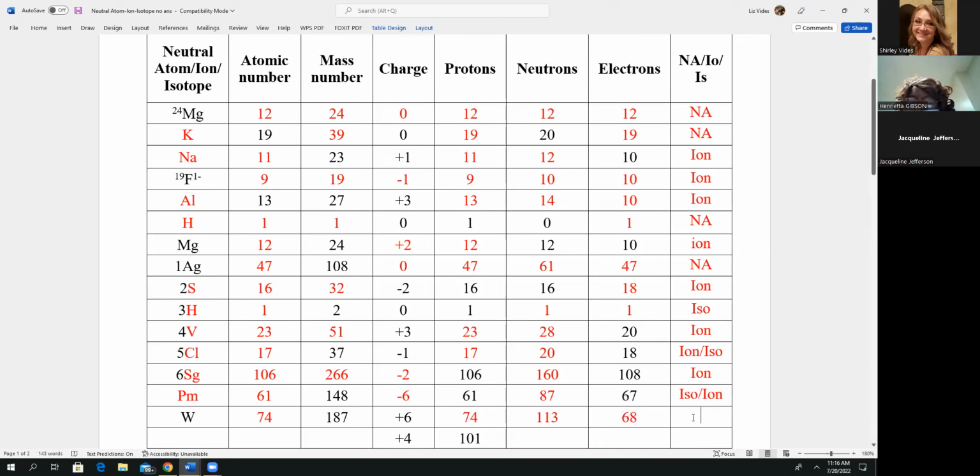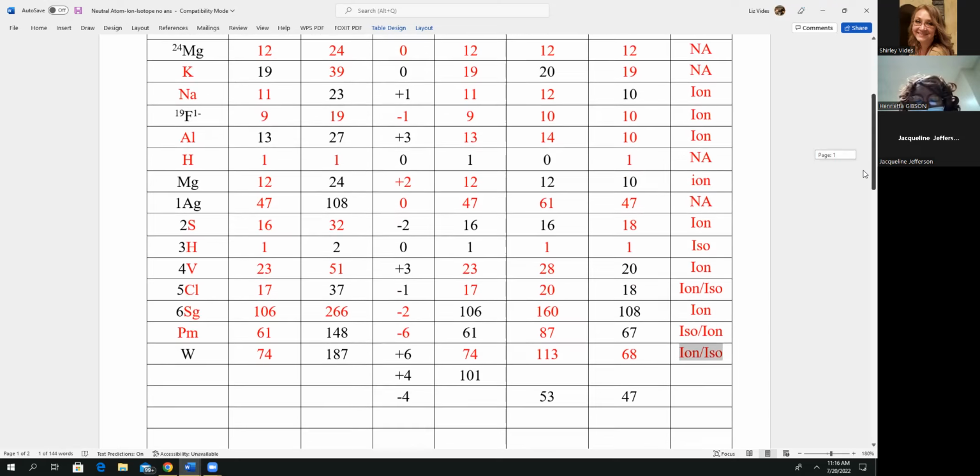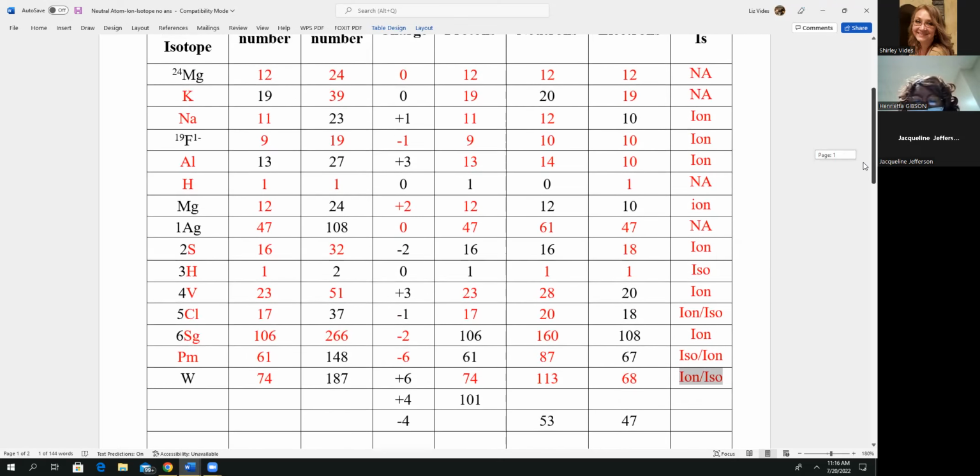And that makes this an ion for sure, but let's look and see if our mass number for tungsten is 187. No, it's not. So it's also an isotope. All right, so that's both. Okay, we have 2 more. Let's just do the last 2.